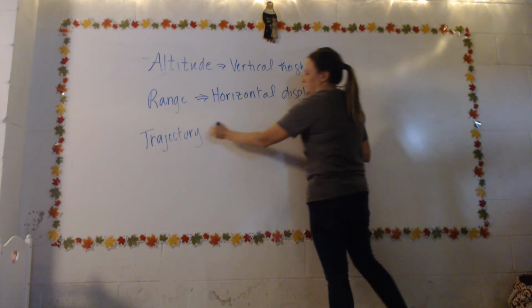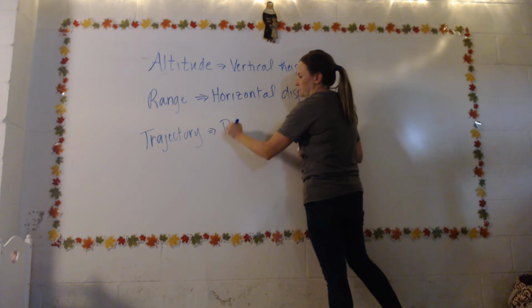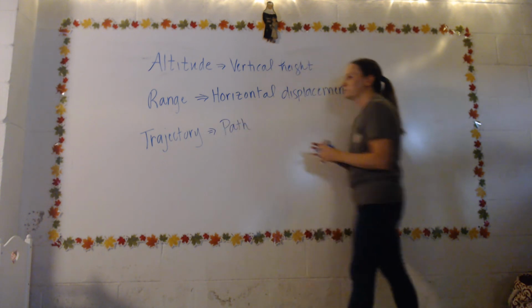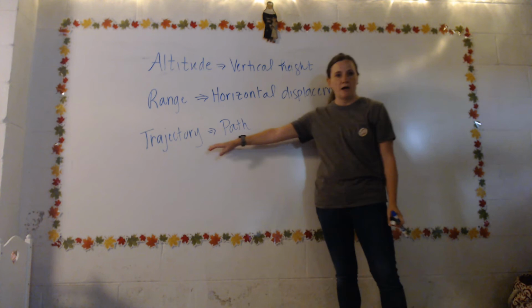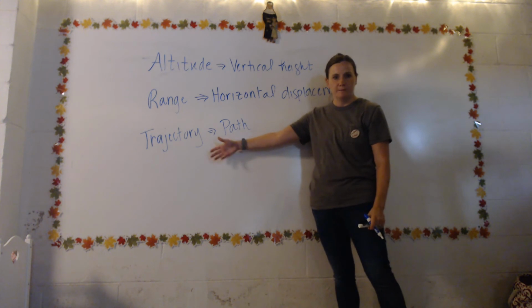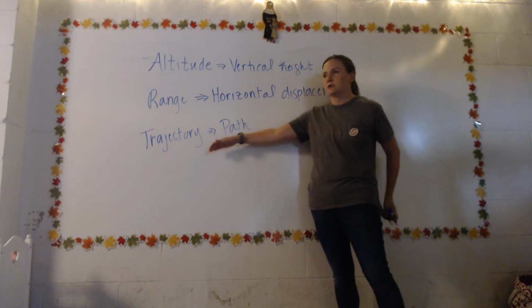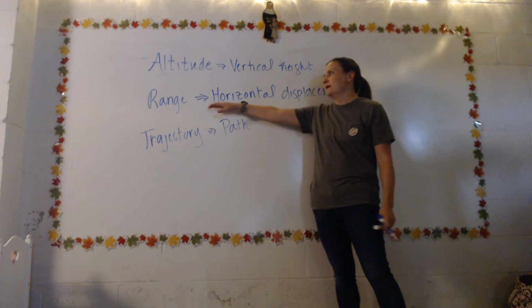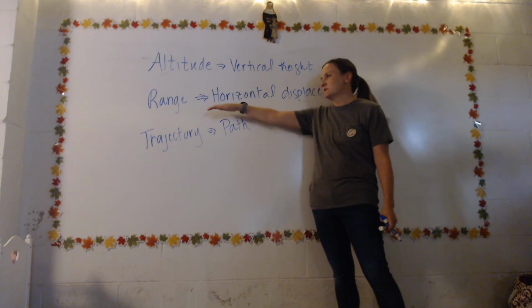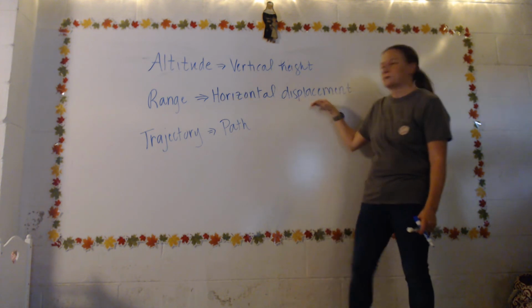And trajectory is sort of just a fancy word for path. So they'll refer to an object's trajectory, they're just talking about its path, the trajectory of the projectile, just showing us where it's going. If you are asked to find the range of a projectile, or they give it to you and you use it in a problem, this is its horizontal displacement.